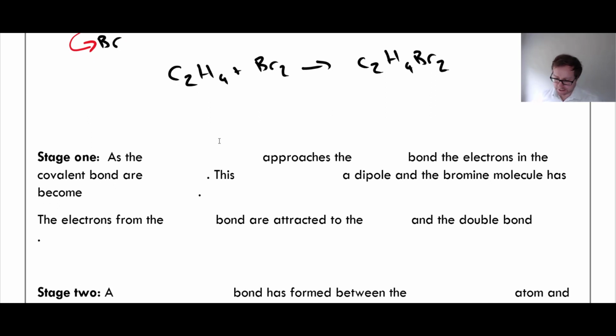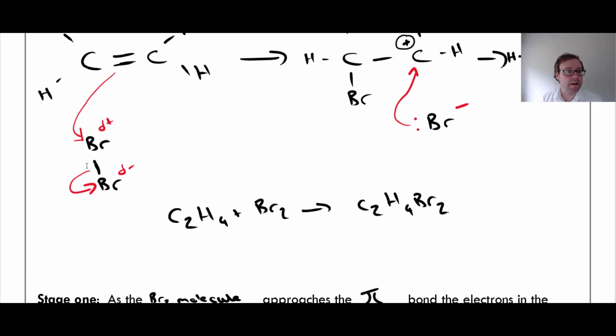So as the bromine molecule approaches the pi bond or the double bond, the electrons in the covalent bonds are repelled here.